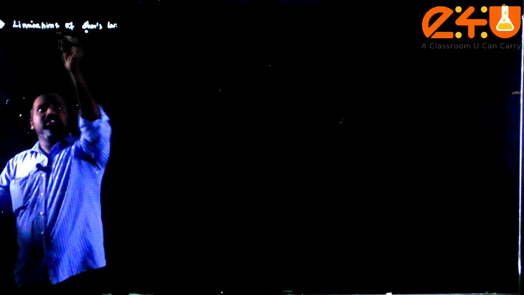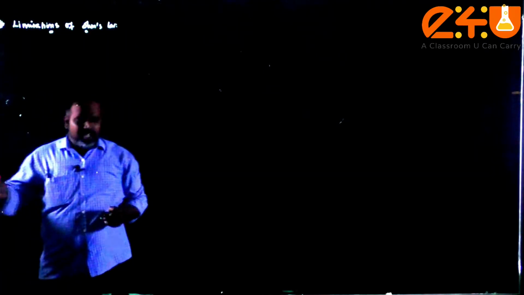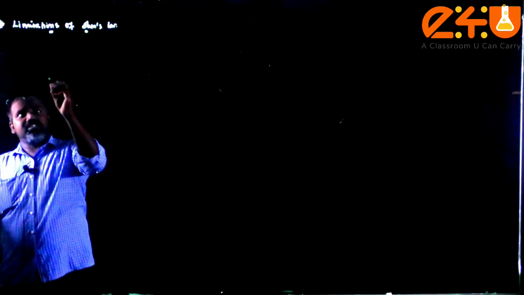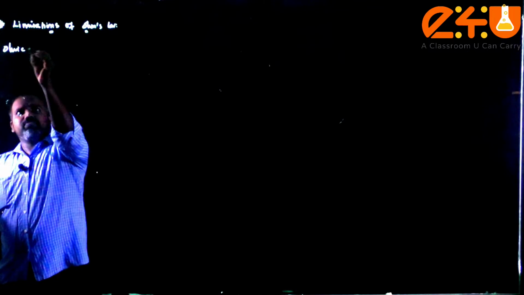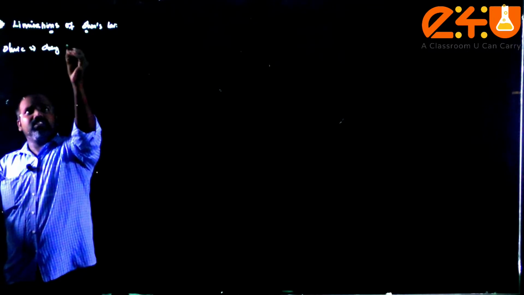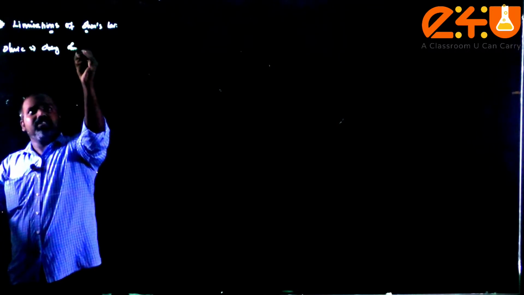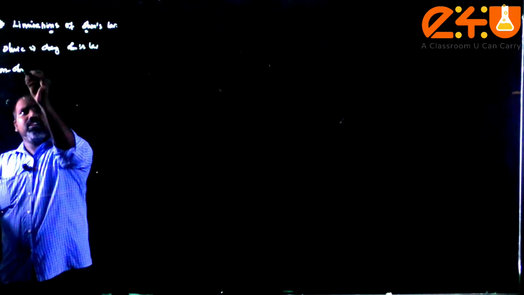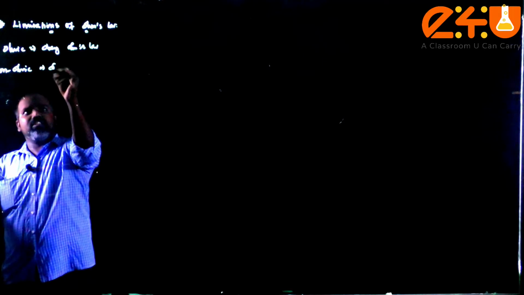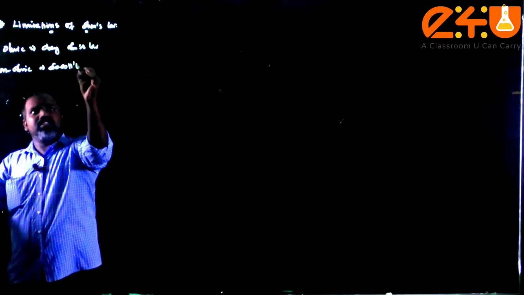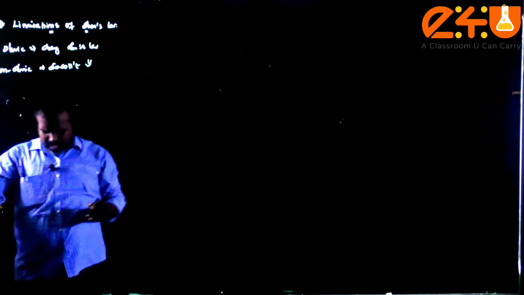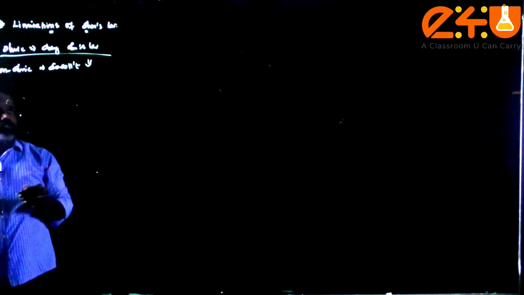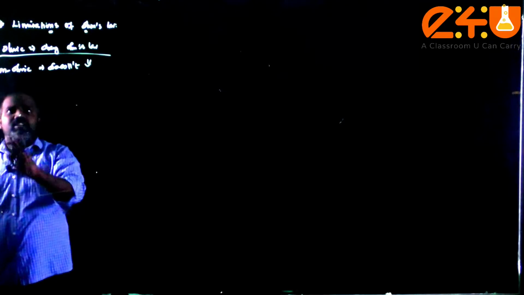Before that, you should know what ohmic and non-ohmic substances are. Ohmic substances are those which obey Ohm's law, and non-ohmic substances do not obey Ohm's law. But there are certain limitations, even though the material is ohmic.